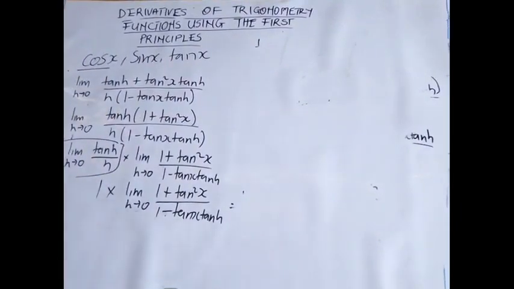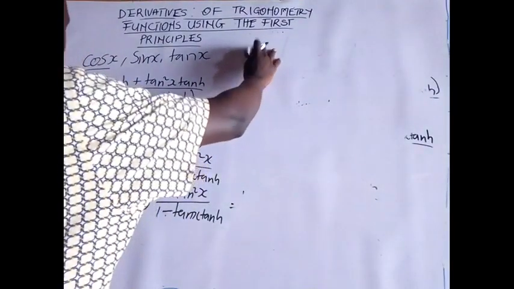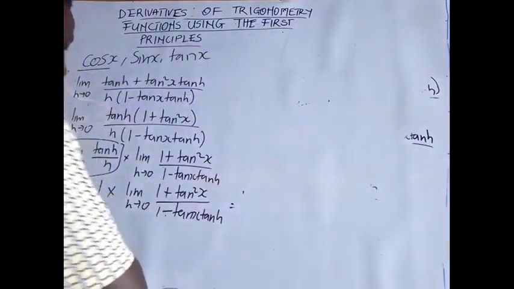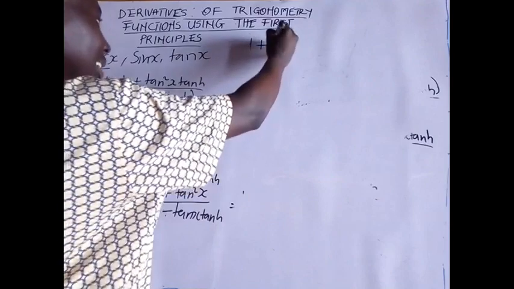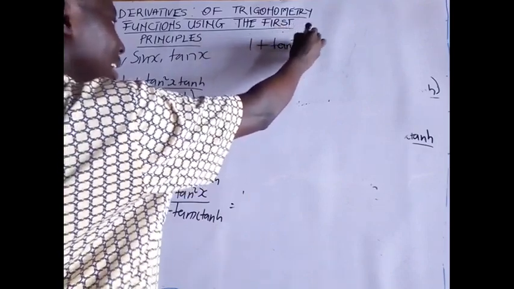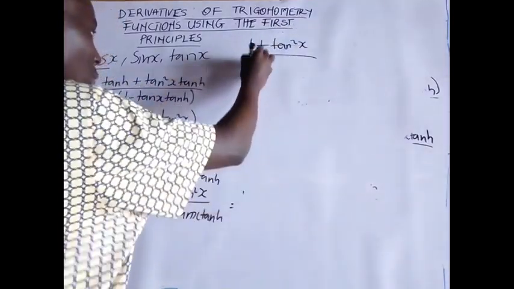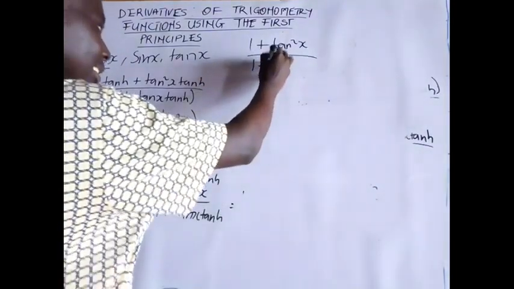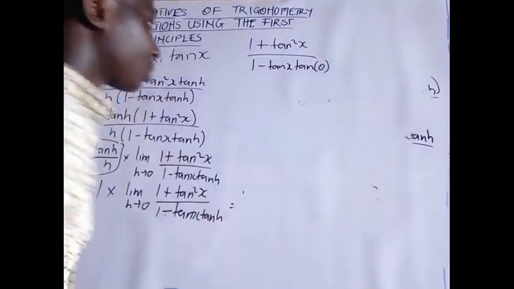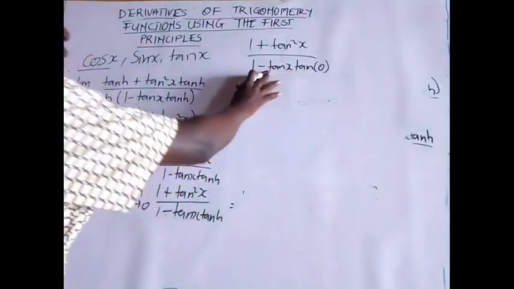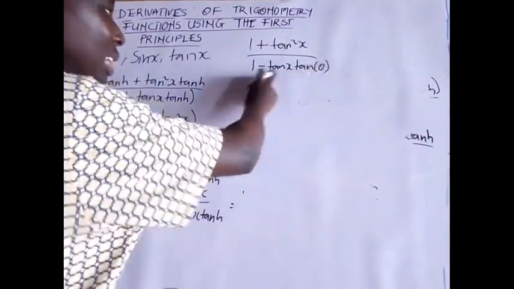So we fix in our zeros. We get 1 plus tan square x over 1 minus tan x into tan 0. And then tan 0 is 0, times this one is 0.